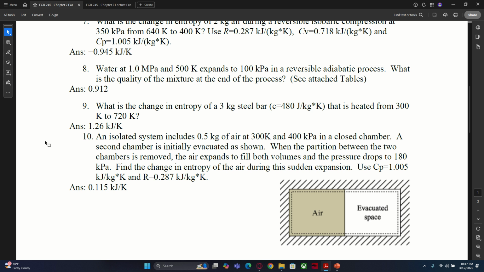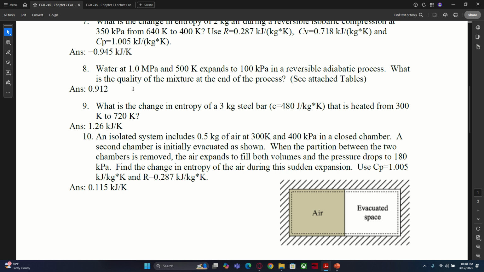Question 8. At 1 megapascal of pressure and 500 Kelvin, water expands to 100 kilopascals in a reversible adiabatic process. Now, volume and pressure are inversely proportional, so by expanding its volume, its pressure decreased.